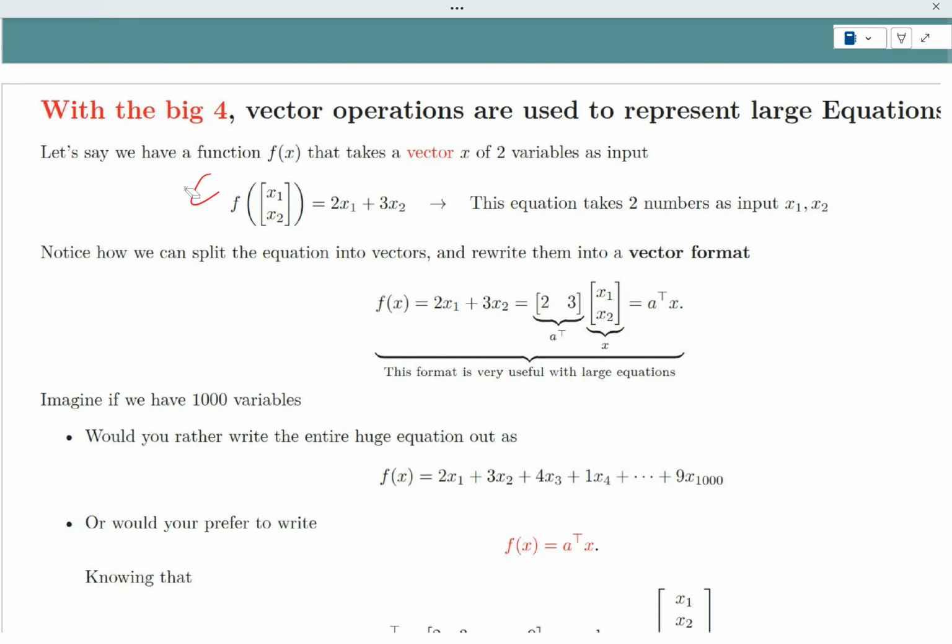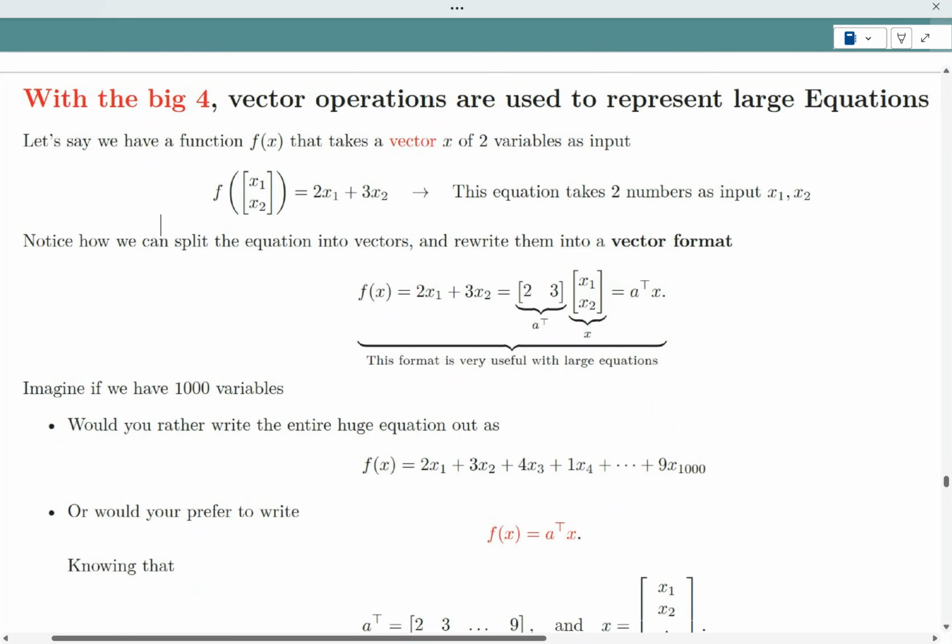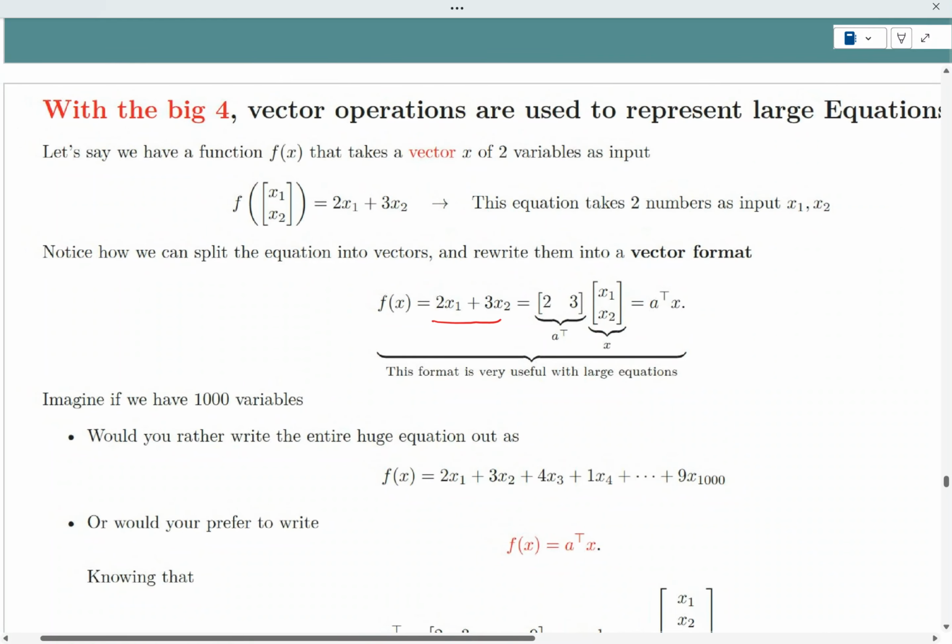Now, with this function, notice how we can split this function into a vector, 2, 3, and another vector, x1, x2. And we are going to call this vector A transpose, and this vector X. So now what I'm saying is we can represent this function this way, which is the way that many of us are more familiar with.